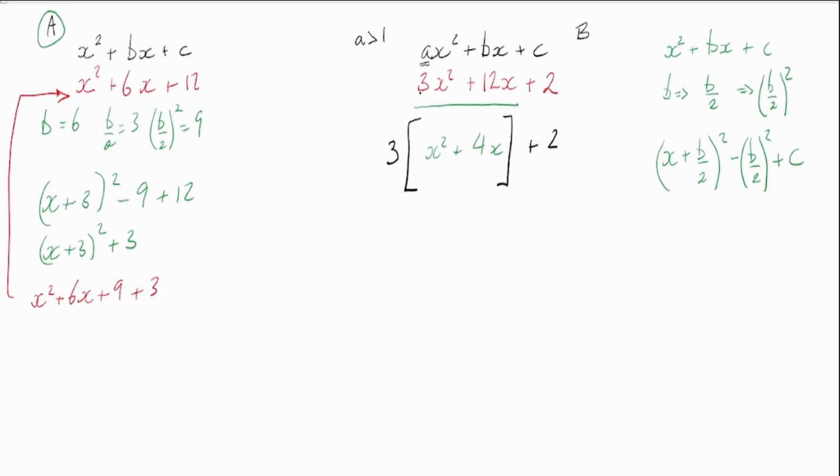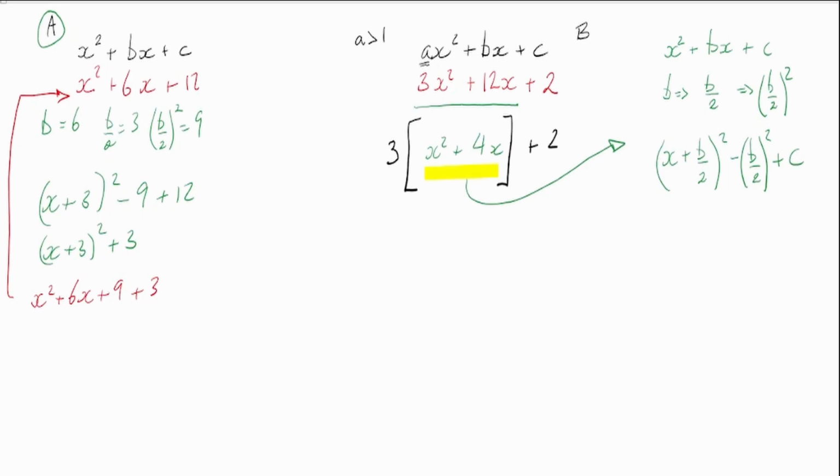Now this original form of 3x squared plus 12x plus 2 was not directly in a format that I could complete the square on. I've changed it, factorized out this bit, and this means that this bit only I can complete the square on. I'm stressing that because I've got to apply this procedure here.